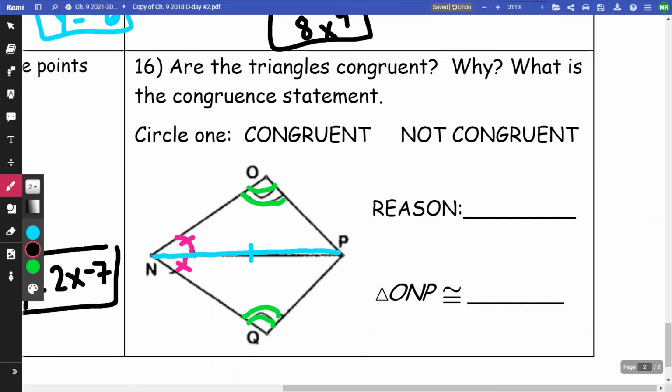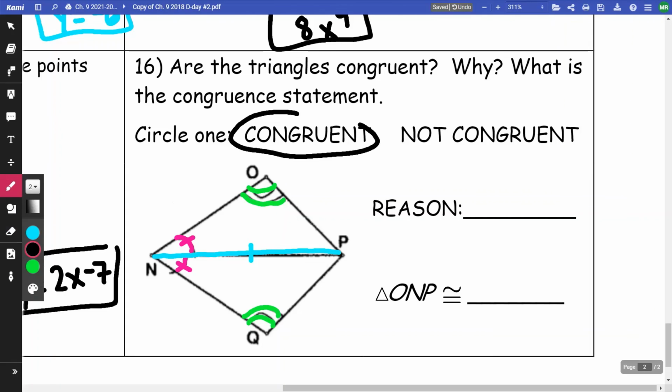So looking at this, you care about the order. I'm going to start this way. This is angle, angle, side. And on the other side, I also have angle, angle, side. Okay, so you want them the same on both. So the answer to this, are these congruent?